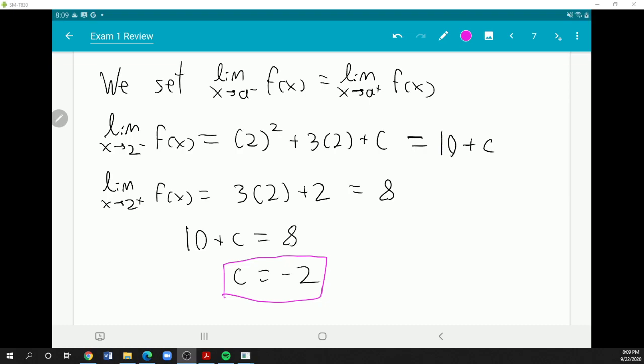And this guarantees that these functions graphically kind of meet up, that we don't have a jump discontinuity there. The c will make sure they actually come together the way they're supposed to. So because of what we did, the function will look something like that, where here's 2, here's where they're kind of conjoined.